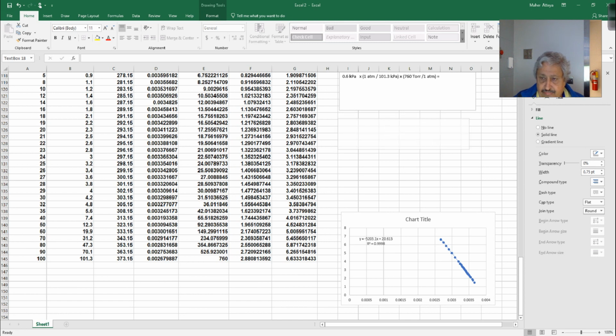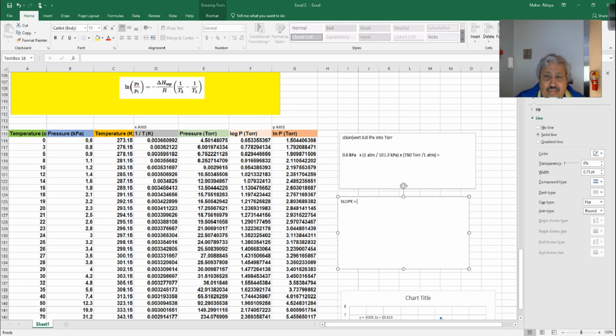So the slope here of the regression is equal to minus delta H of vaporization divided by R, correct?